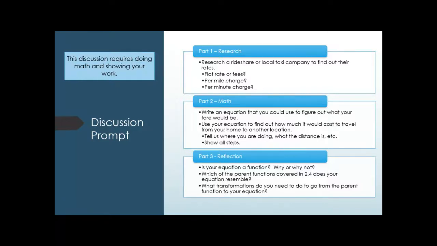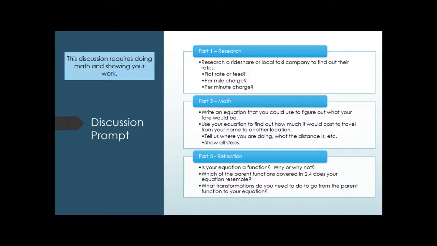So the intent of the discussion is you're going to find a company, be it a taxi company or you look up Uber or Lyft, and you're going to write an equation to determine how they calculate how much you pay. That's what we're going to be doing. So part 2, write an equation that you can use to figure out what your fare would be, basically to help you determine what you're going to be charged.